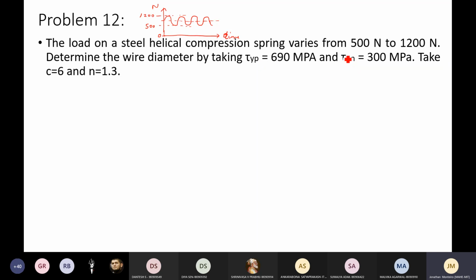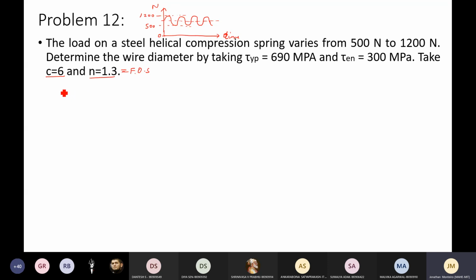So we'll make use of such equations. C is 6, that is one thing. N here is equal to 1.3, which refers to the factor of safety.